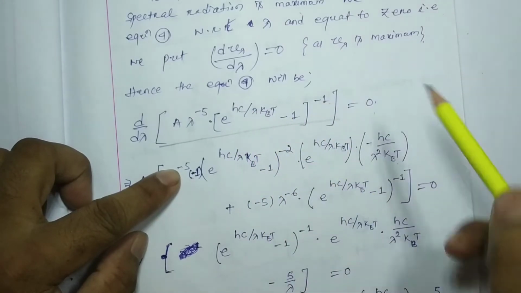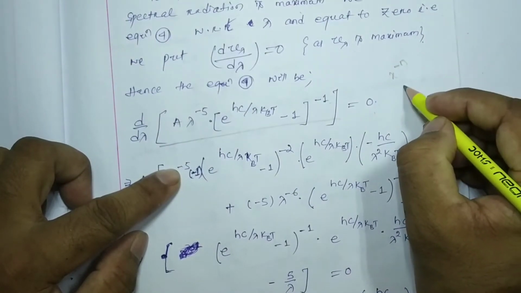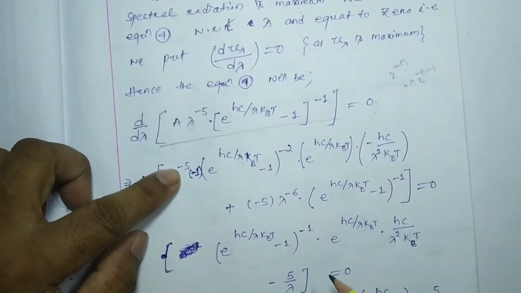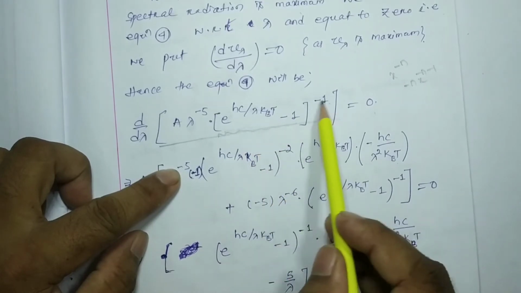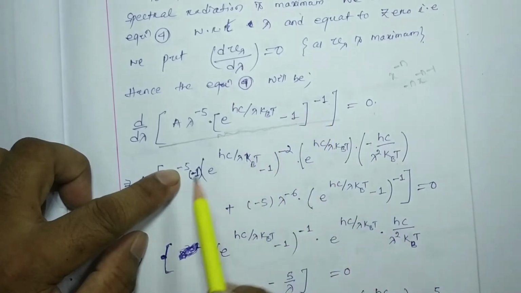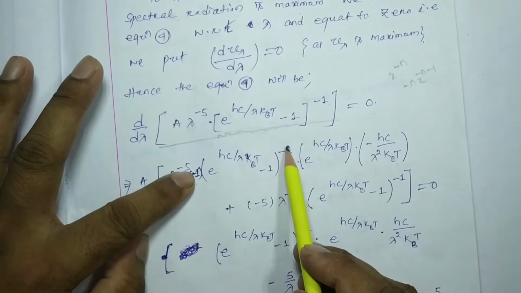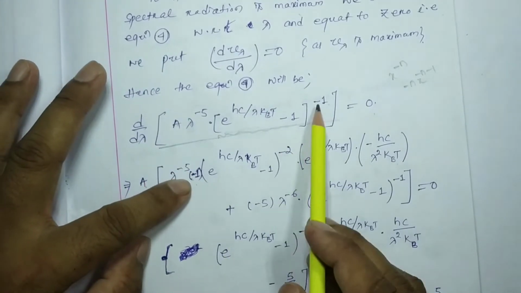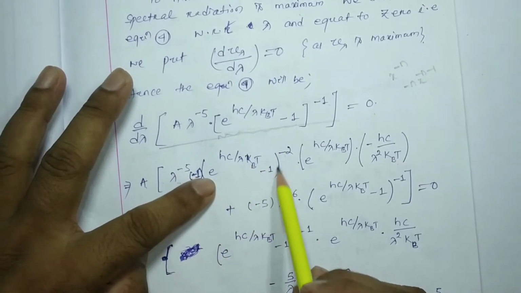We know that for x to the power minus n, differentiation with respect to x is minus n x to the power minus n minus 1, right? Here if I consider this as x, then x to the power minus 1 differentiates to minus 1 times this much to the power minus 2. So minus 1, e to the power hc by lambda kBT minus 1, to the power minus 2.